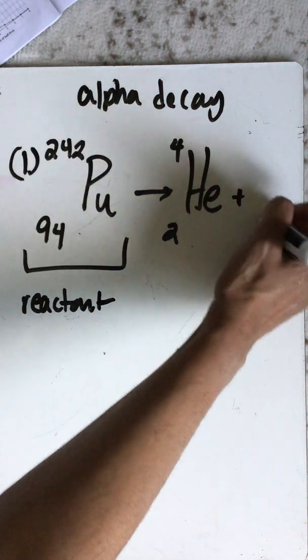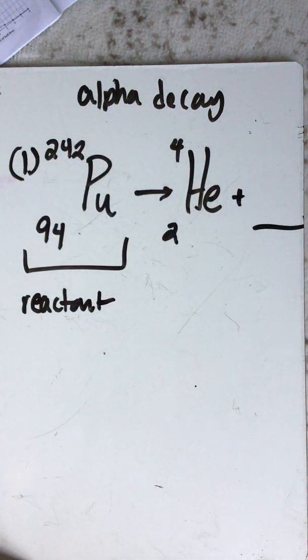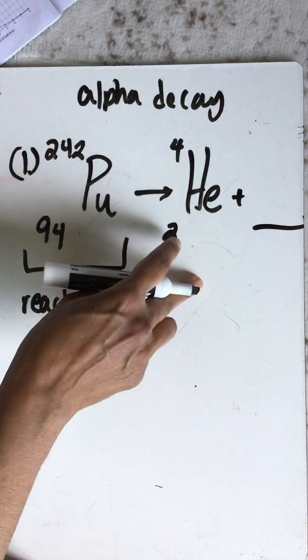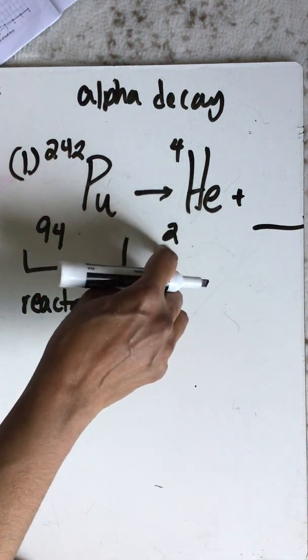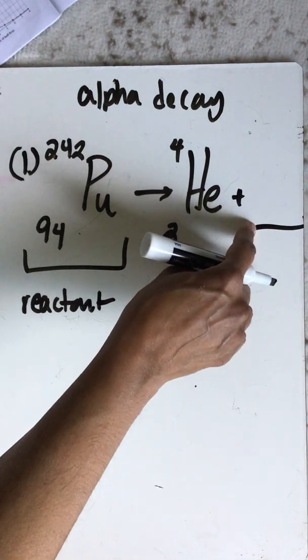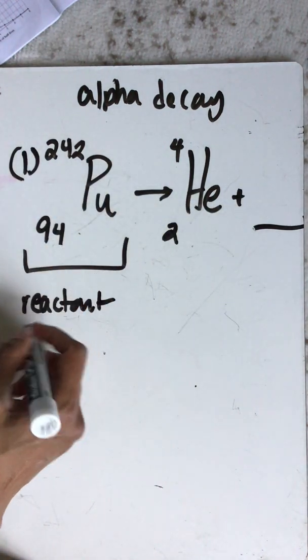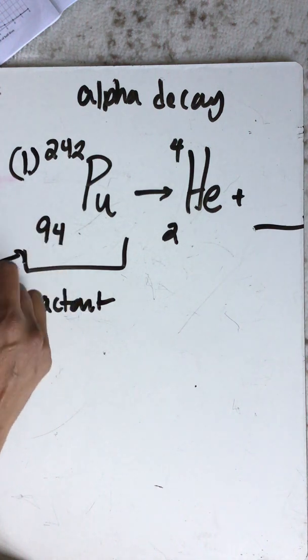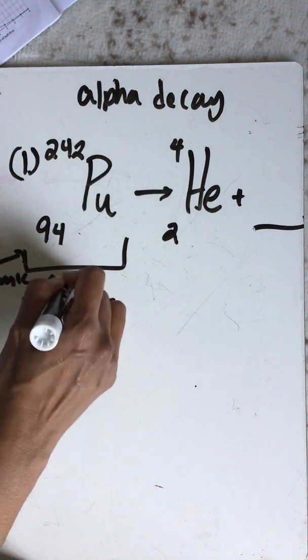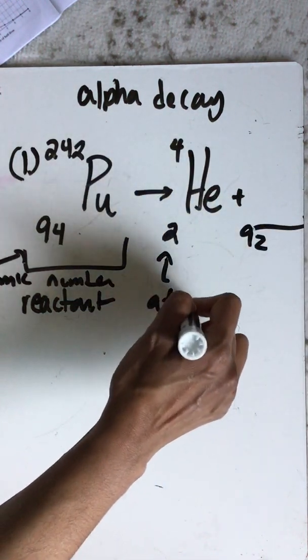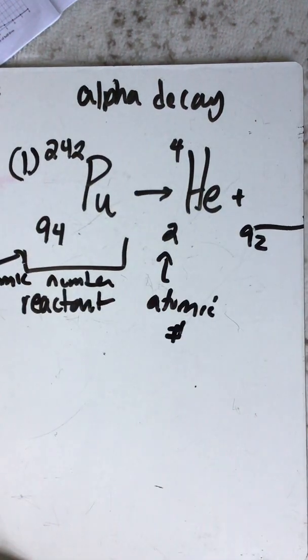And then it's asking you, what else does it produce? Well, if this is breaking down to make helium, that means this plus the other element it produces has to equal this 94, which is the atomic number. Remember, the atomic number is the bottom number here.